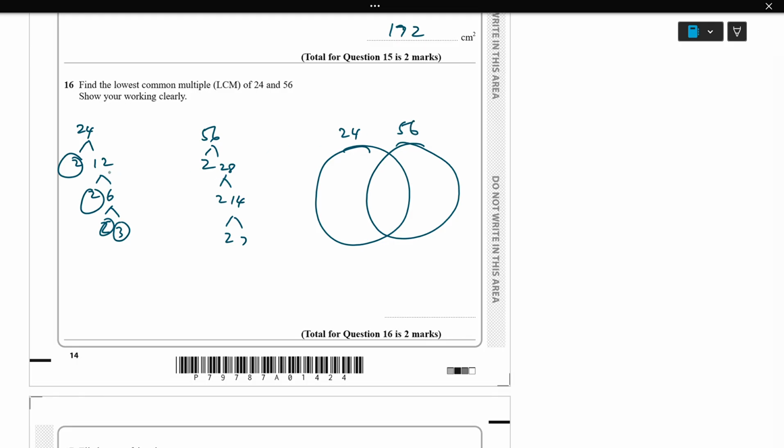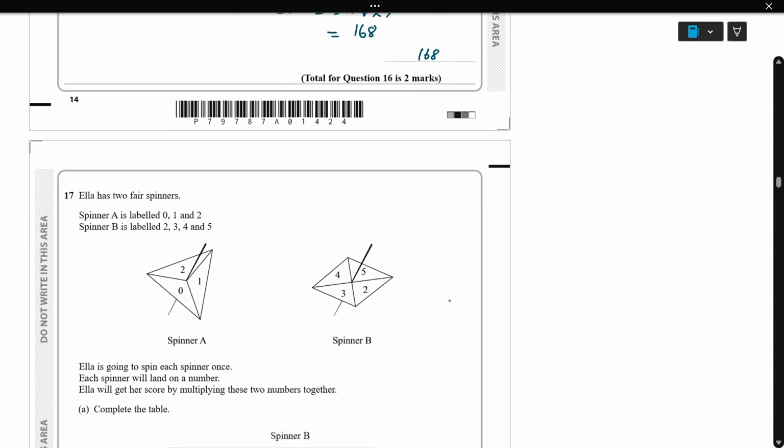I'll find only the common ones. Three 2s are common. So 2, 2, 2, and here only 3 is left, here only 7 is left. So for the LCM we have to multiply all. So LCM equals 3 times 2 times 2 times 2, which is 8, so 8 times 7, which is 168. 168 is the answer here.